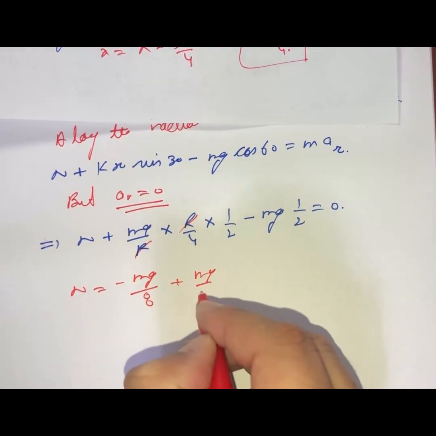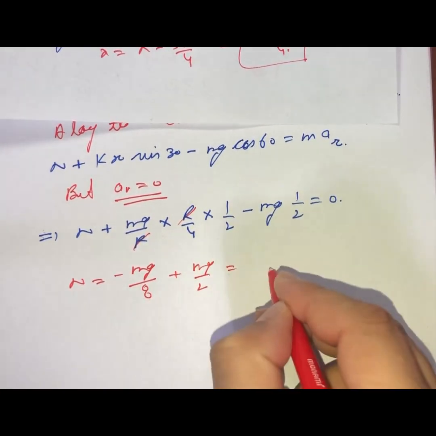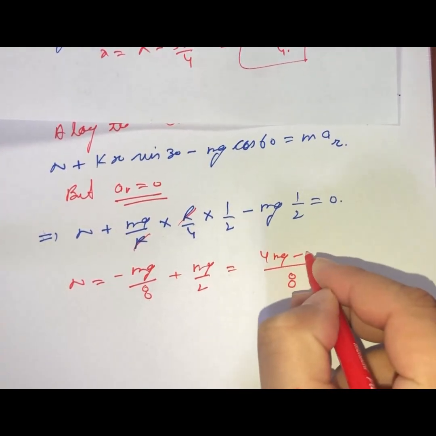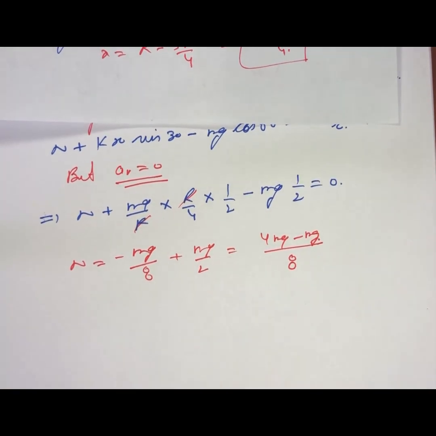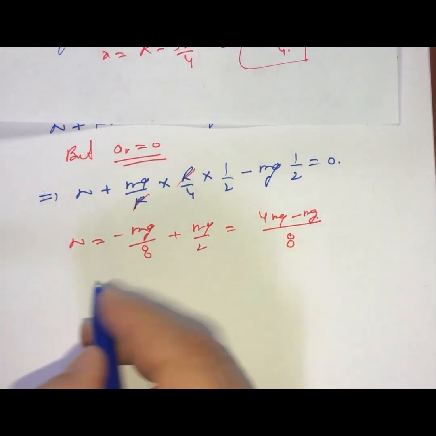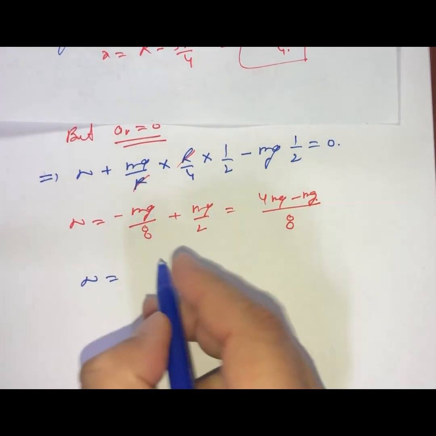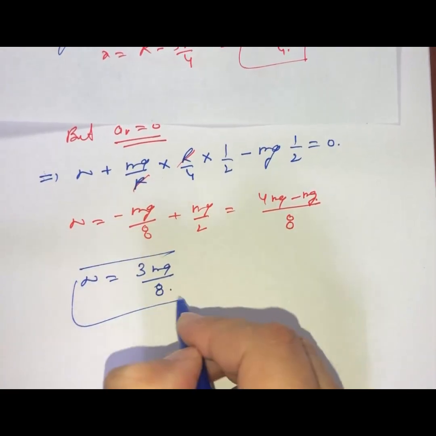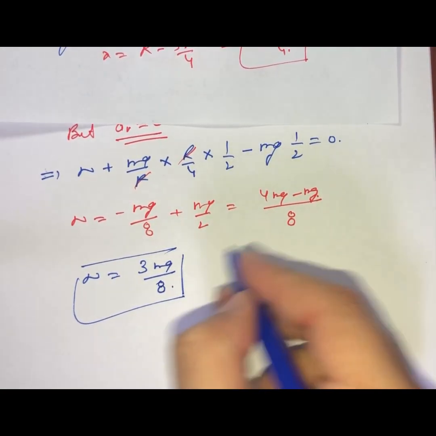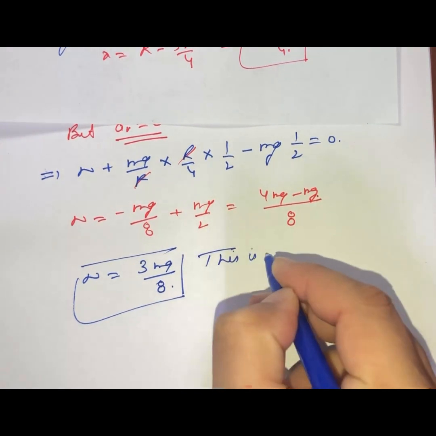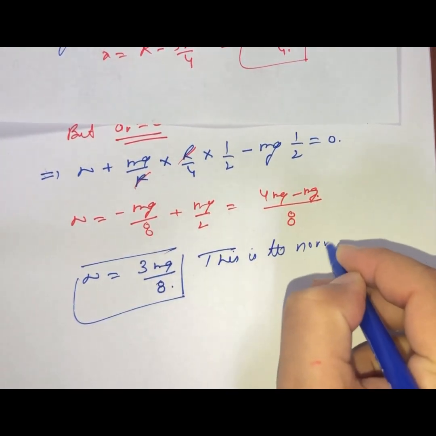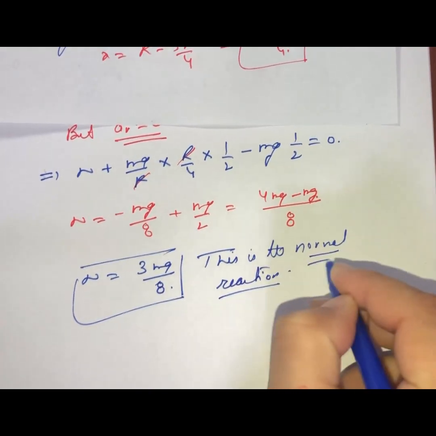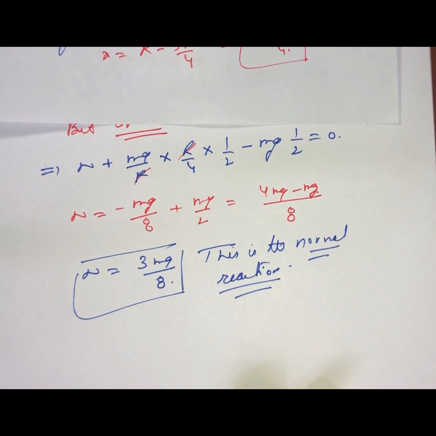Taking 8 as LCM, this will be 4 mg minus mg. So the normal reaction N will be equal to 3 mg by 8. This is the normal reaction. So this completes the question.